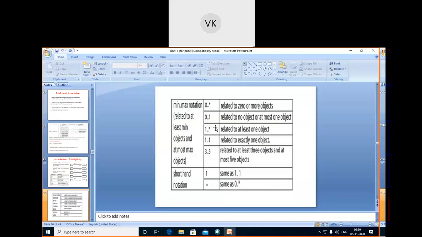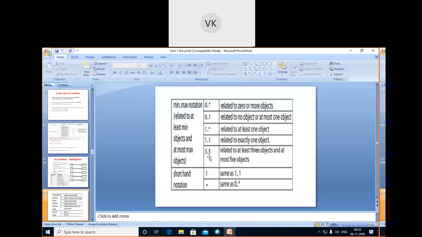Next one, 1 dot dot star is, it can be related to one object or it may be related to many objects, but at least it is related to one object. And here you see 1 dot dot 1, the meaning of this is related to exactly one object.